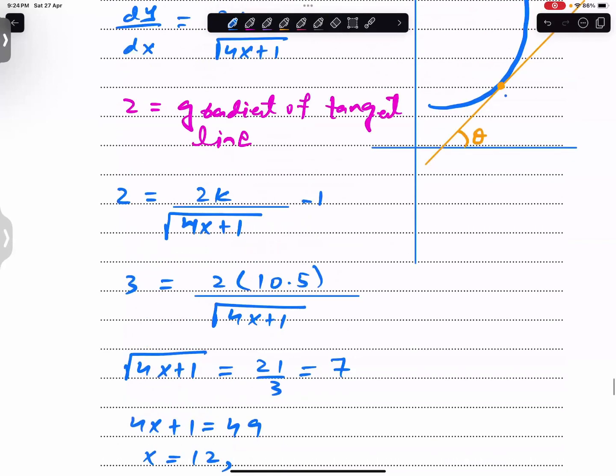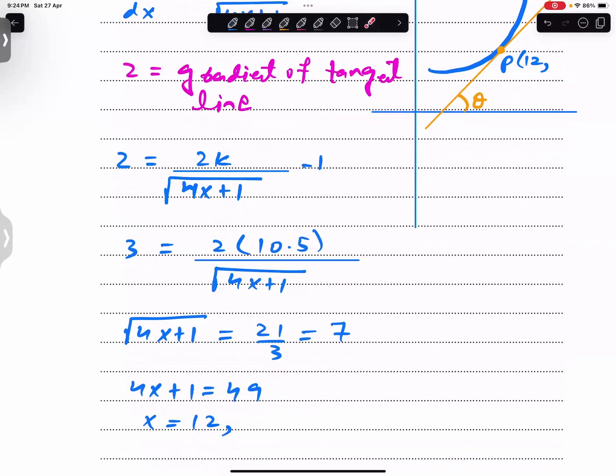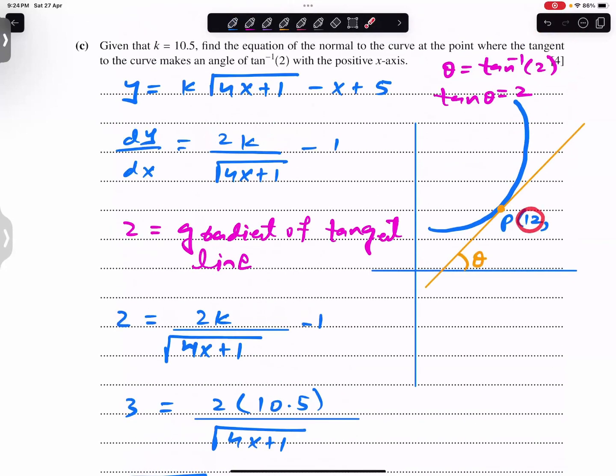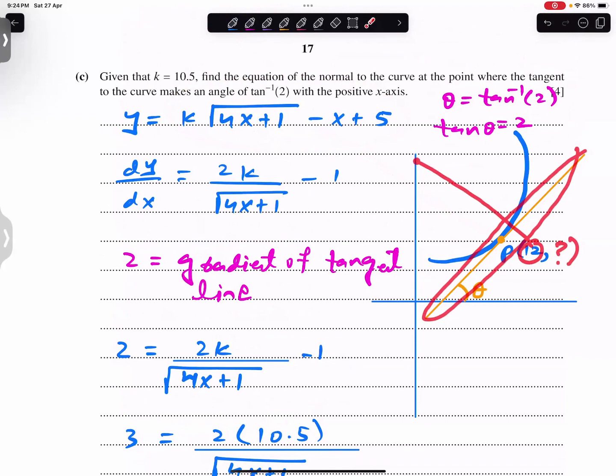So students, this point has x coordinate 12. And to find the y coordinate, where will you put this 12? In the original curve or in the tangent line? Unfortunately, we don't have the tangent line. So to find the y coordinate, we will put this 12 in the curve.